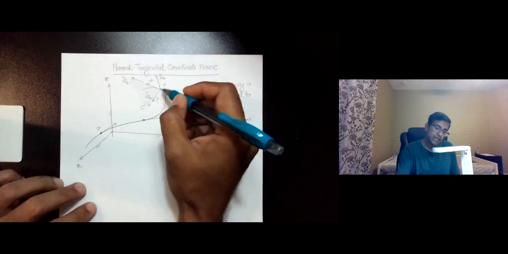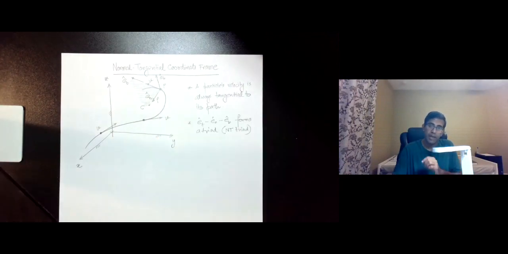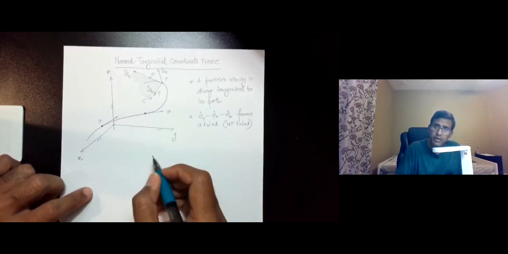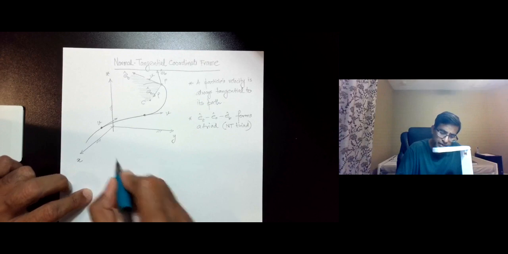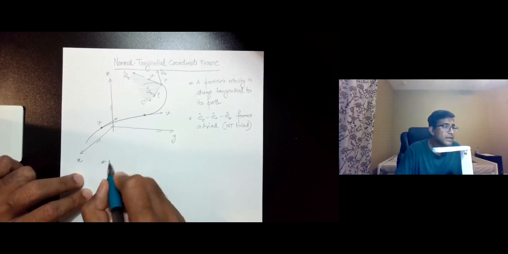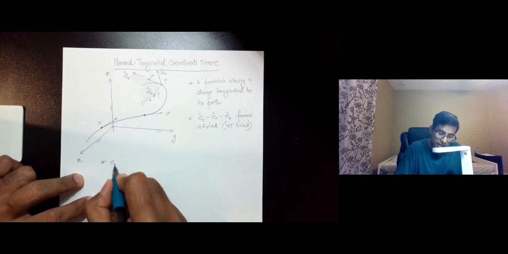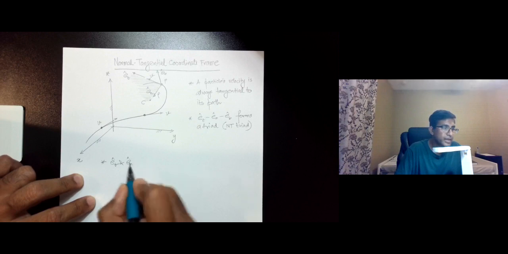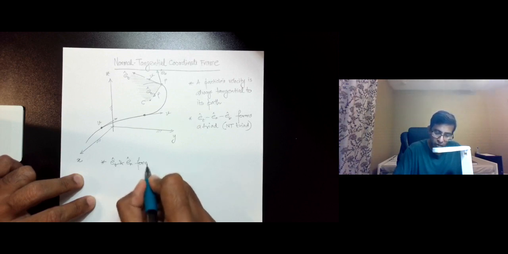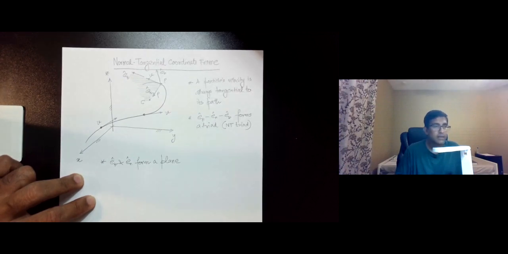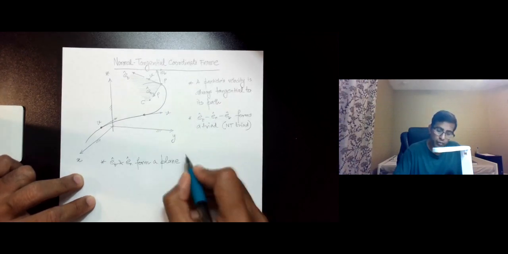So you can imagine that e_b is going to be perpendicular to that plane. So we make the observation that e_t and e_n form a plane.